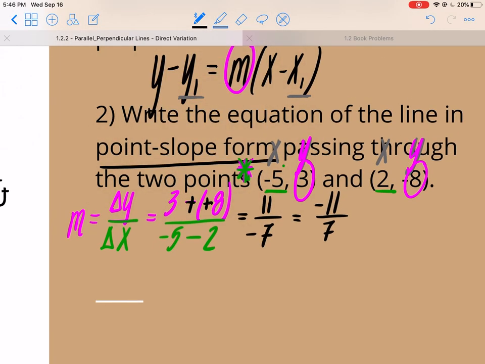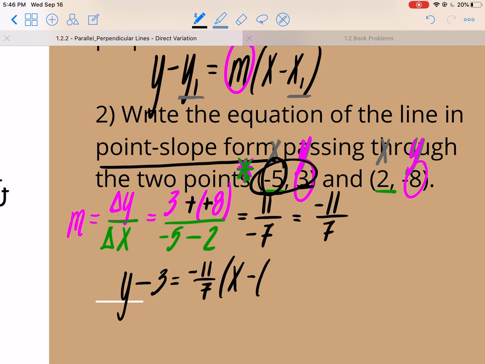So if you use the first point right here, you would get y minus the y value, which is 3, equals m, so the slope, times x minus this, minus negative 5. And that minus a negative is going to then become a positive. So I'm just going to rewrite that. So x plus 5.